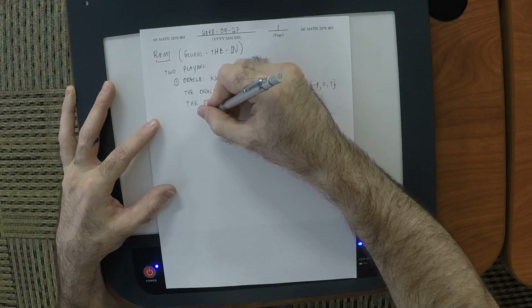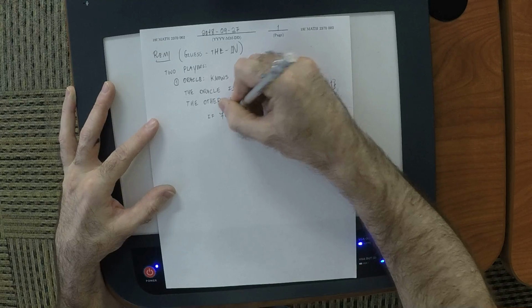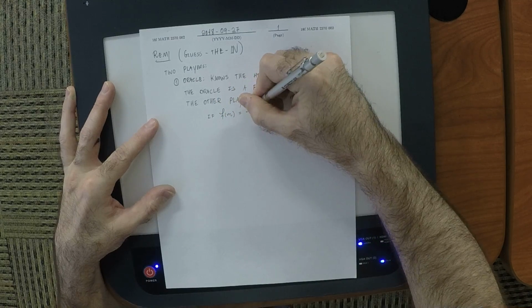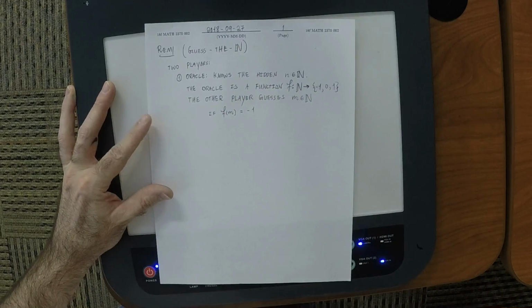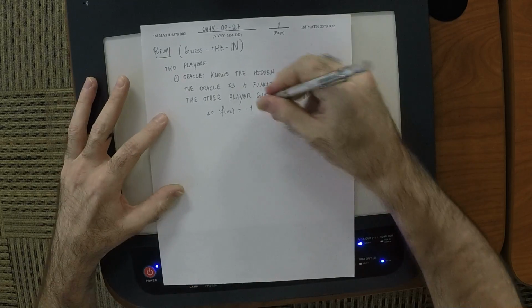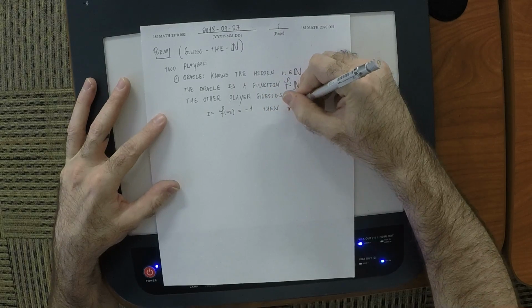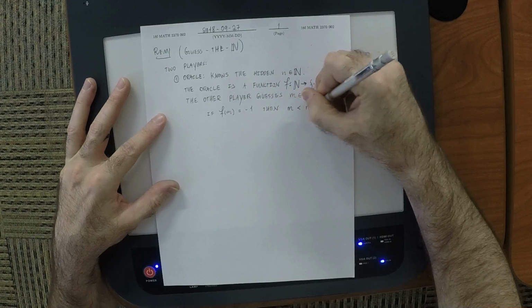So if f evaluated at m is -1, what that means is that m is too small. It is not correct, and furthermore, it's too small. So then m is less than n.